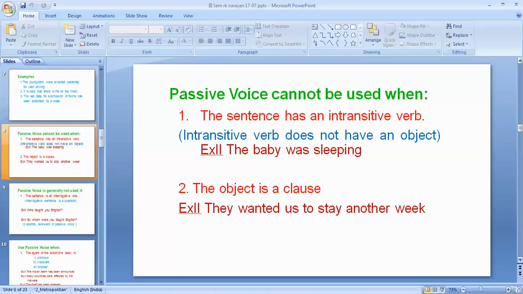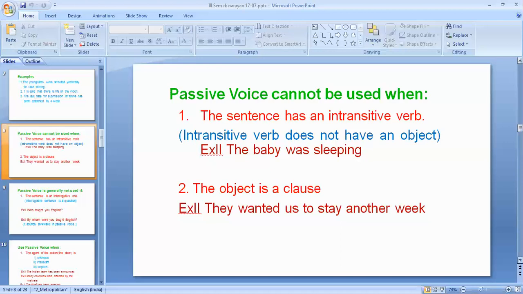The verbs which take an object are transitive verbs, and the verbs which do not take an object are intransitive verbs. Like in the first sentence, the baby was sleeping, sleeping on what? Nothing. There is no need of having an object.